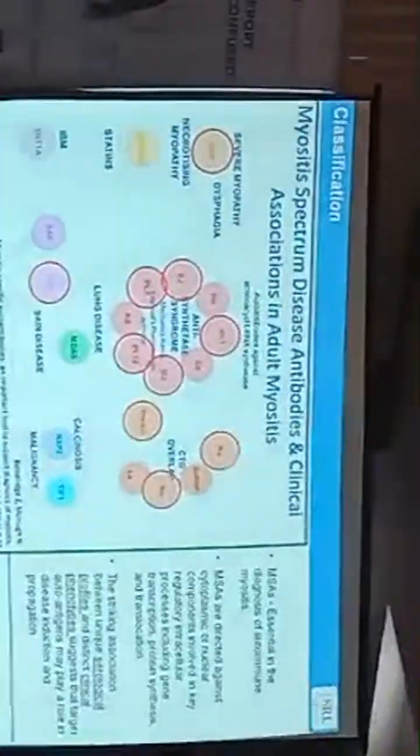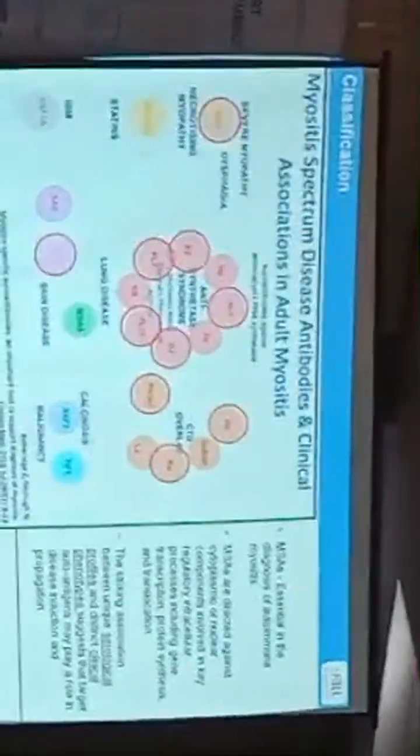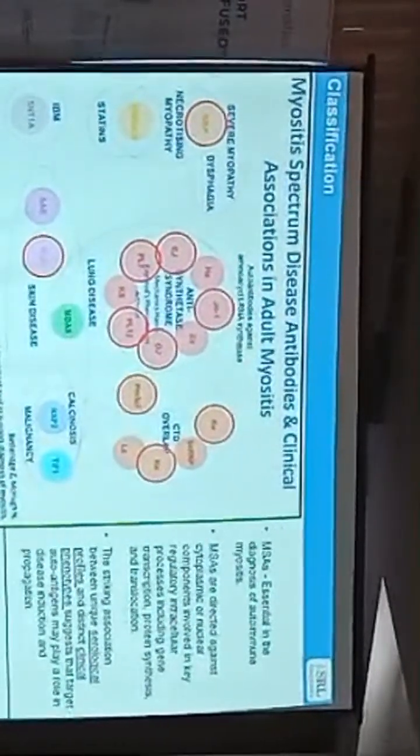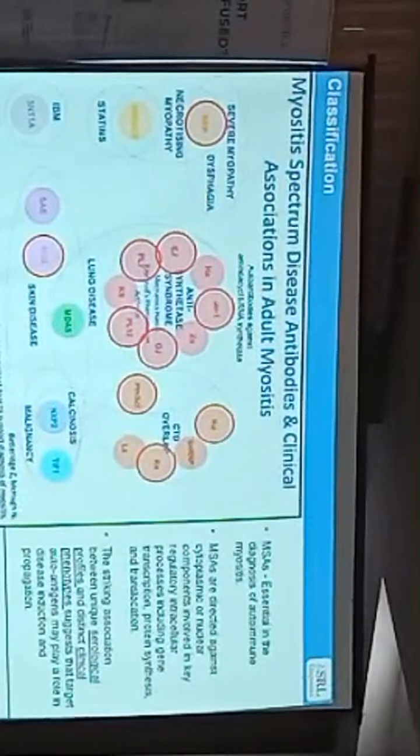If we are detecting SRP, the clinical phenotype is severe myopathy, dysphagia. Likewise, these are related: mechanic's hands and Raynaud's phenomenon, arthritis. This clinical phenotype is seen in anti-synthetase syndrome, and these antibodies are against the aminoacyl tRNA synthetase.